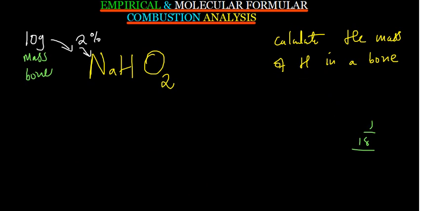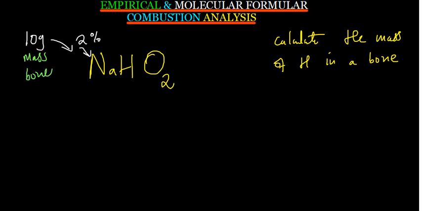We have strategically picked it to introduce this topic because I've seen an exam question on it. We have 10 grams as the mass of a bone. Now from the 10 grams, only 2% is this compound here. So let's find the mass of this compound in a bone.